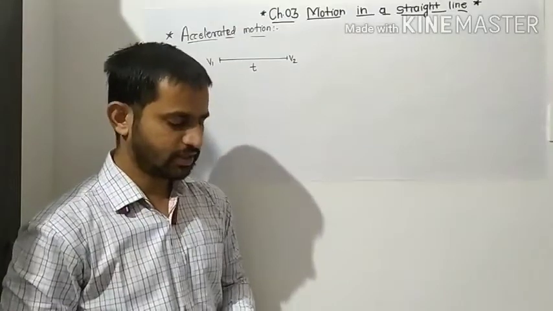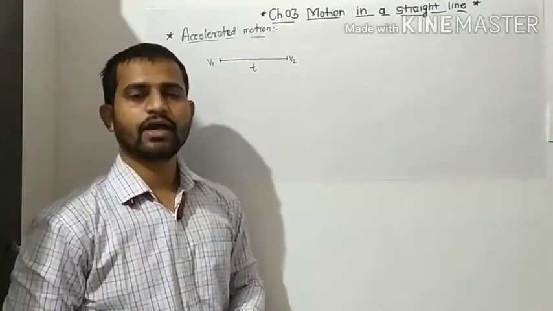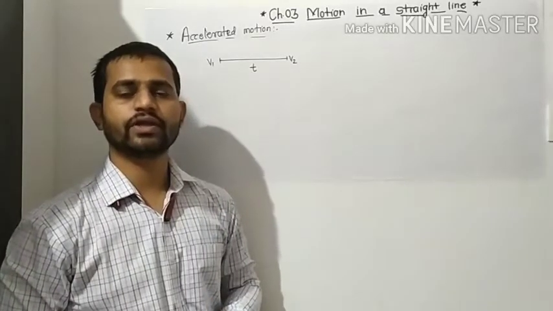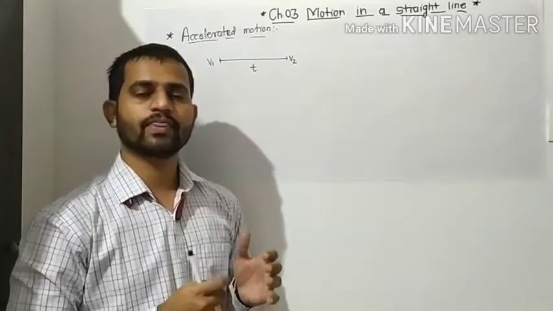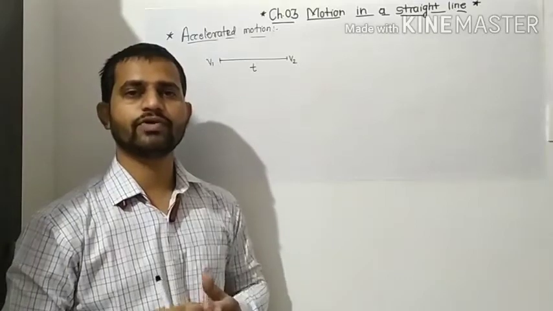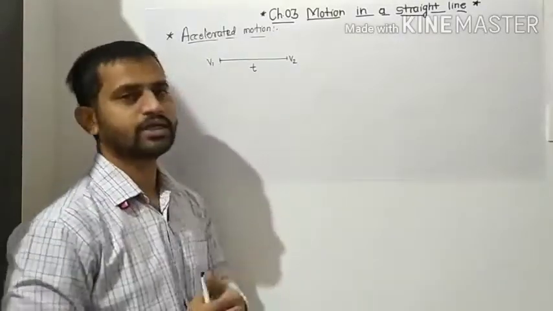Initially the object is moving with a velocity of v1, and after some time t, it is moving with a velocity of v2. Then the velocity of the object changes from v1 to v2, and the time period for that is t.